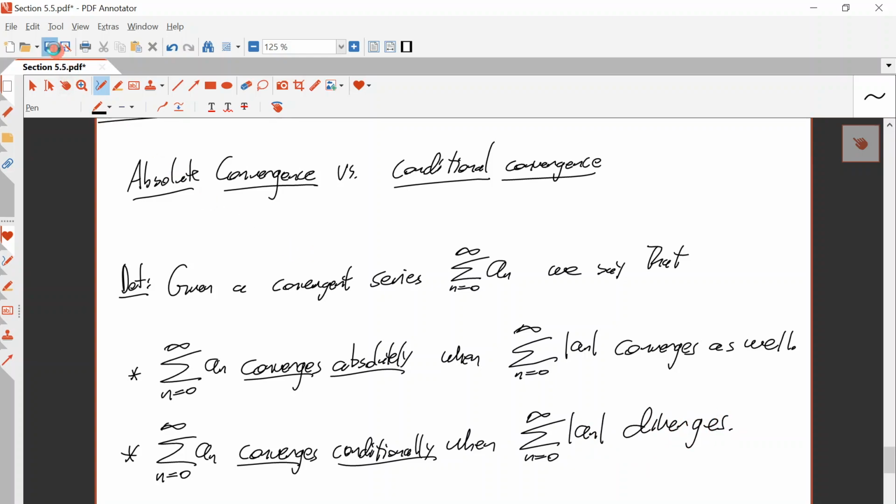Right? So you got a series. Some of the terms are positive, some of the terms are negative. If all the terms are positive, then absolute convergence just means convergence. But if some of the terms are positive, some of the terms are negative, okay, we say that the series converges absolutely when the series of positive terms also converges. And then the series converges conditionally when the series of positive terms diverges.